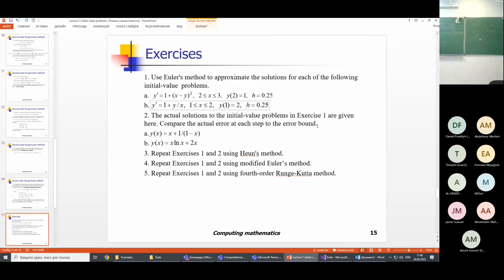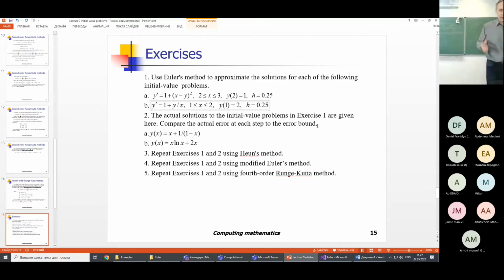Suppose that somebody tells us, as I tell you, that this is a real solution. Let's compare the values of approximate solution with the real one. How to do it? You should substitute x, because x we know exactly. Please compute y of x0.